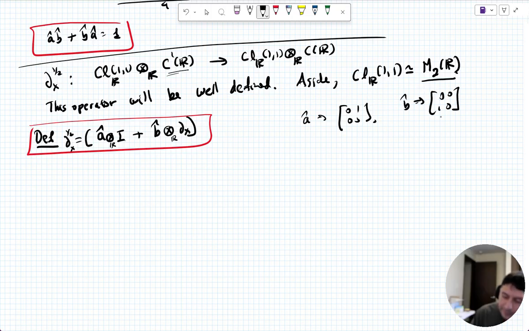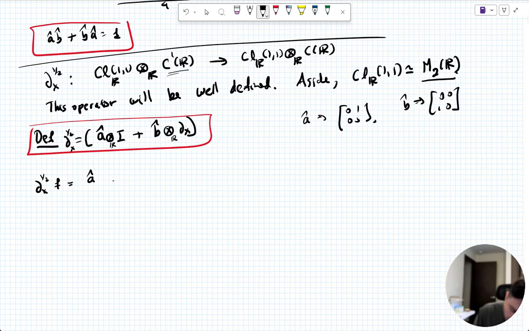If you do this calculation, it satisfies all the relations, right? So using the A and B basis, we get that. So let's calculate the fractional derivative of a function.